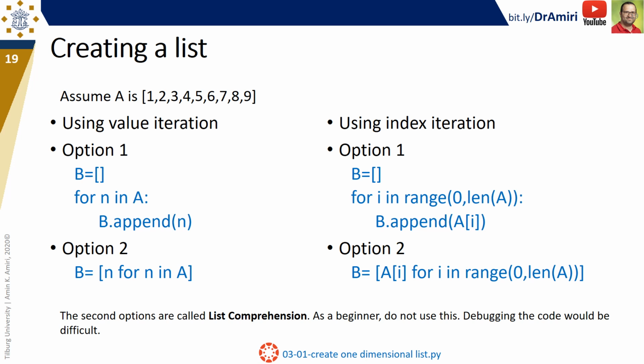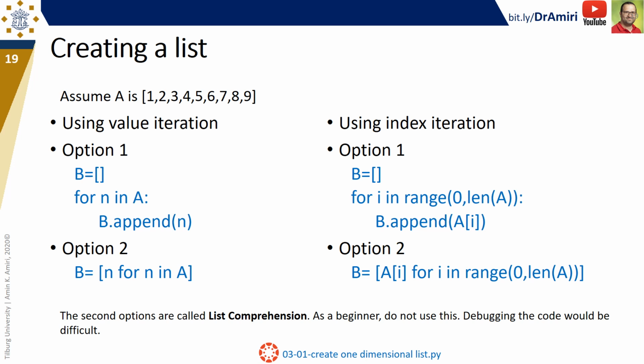Option 1 is to just use for n in A and simply use B append n, which traverses the values and creates the B. We have a shorter version of option 1, which is called list comprehension.